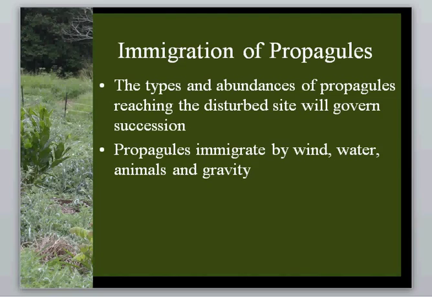Propagules will move around the landscape by wind, water, animals and gravity, and the aim of our restoration is to move propagules of our favoured species into the restoration site after it has been cleared and all the competition removed.